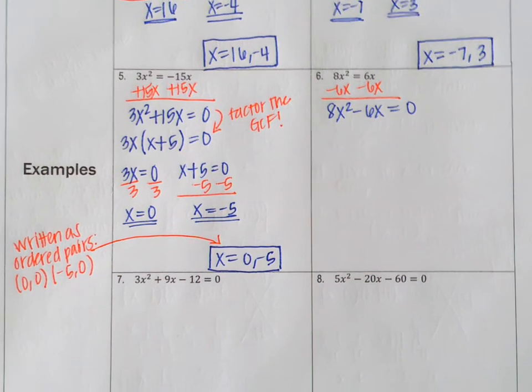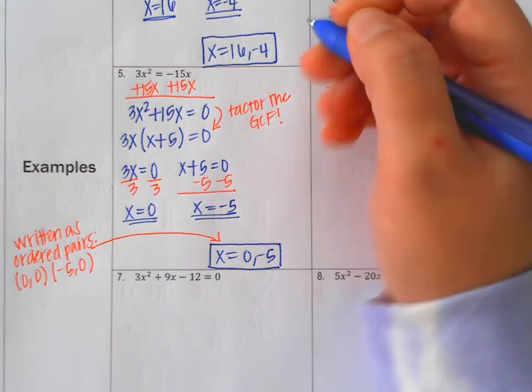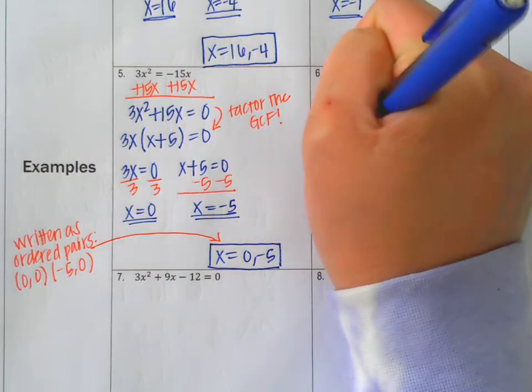Next step, factor. Now this is not your normal trinomial, so I'm going to factor out a GCF. 8 and 6, I can't divide those both by 6, so I have to think lower. So I know that the GCF number is 2, and then they both have an x term. So I can factor out a 2x.